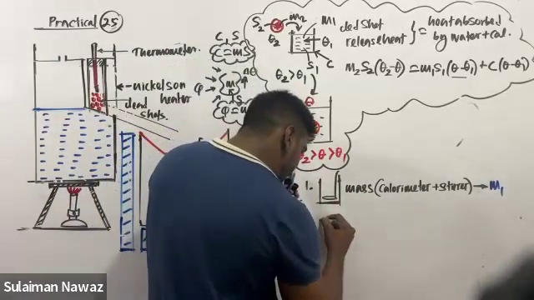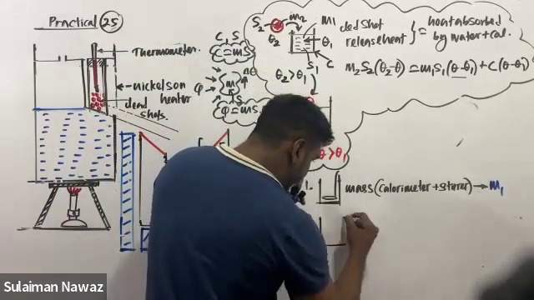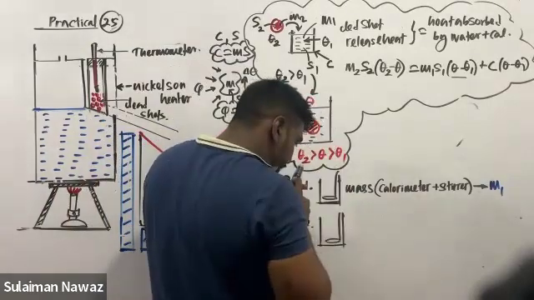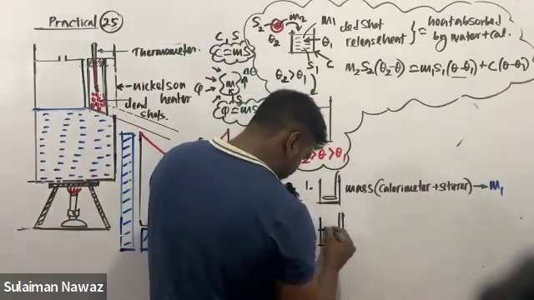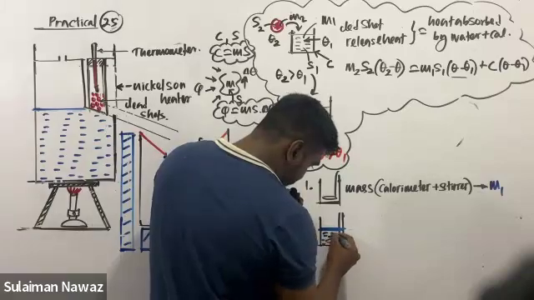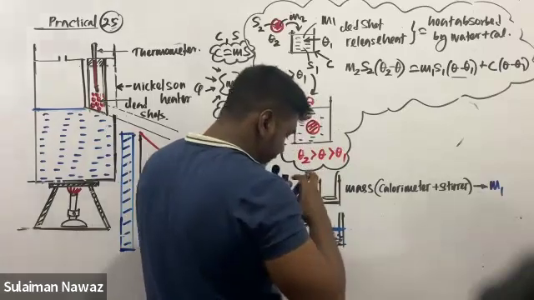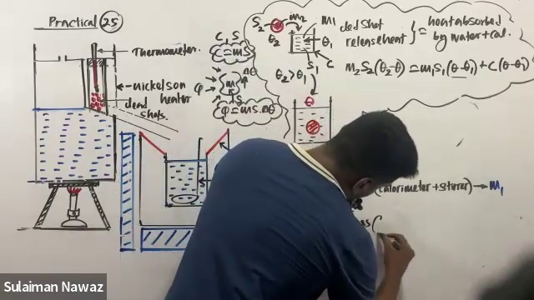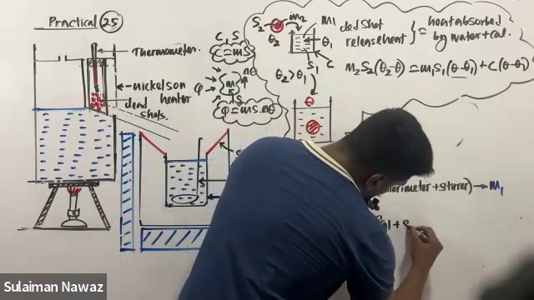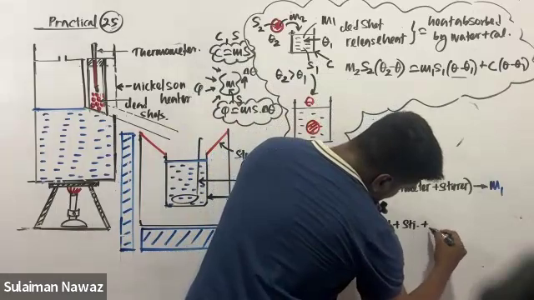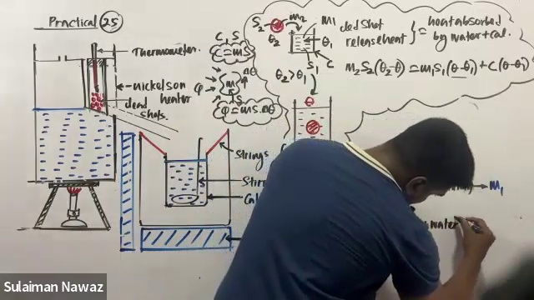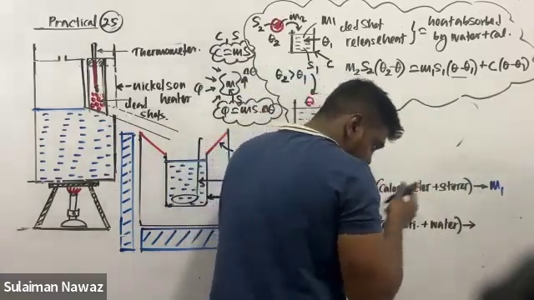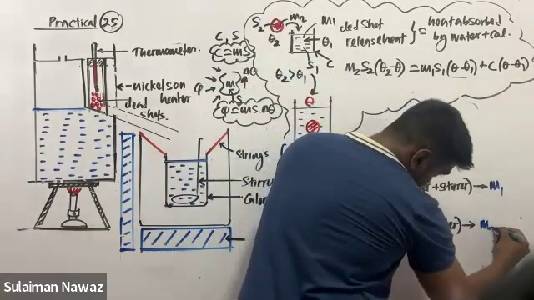This time you measure the mass of the calorie meter with the water, the stirrer is there. Now the mass means calorie meter plus stirrer plus water. Take this mass as simply M2.